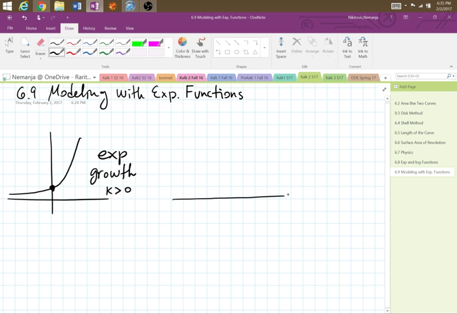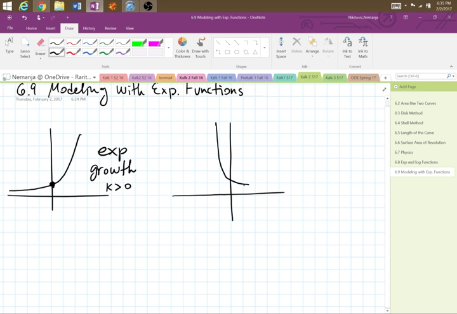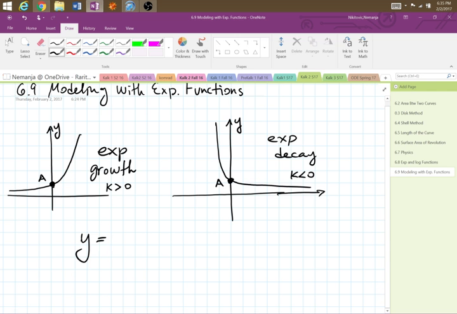And then we have exponential decay, which is where k is negative. This value a, which I have on the y-axis, is the y-intercept. And all of these models are a e to the kt, t being time.